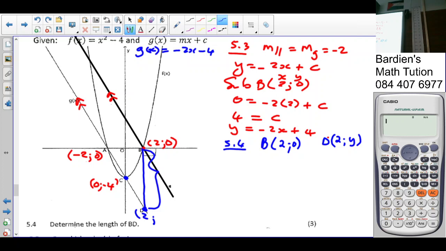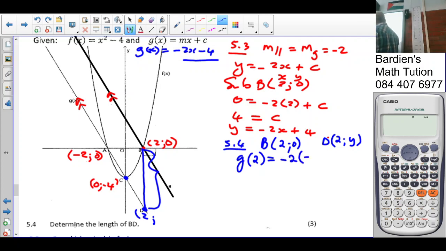Put your input in, you get your output. So, since this is lying on g of x, g of 2 is equal to negative 2 times 2 minus 4, which gives you negative 6.